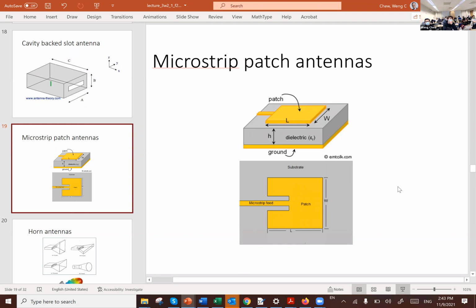So to think simply, think of it as a transmission line that is open at both ends. An open-circuit transmission line at both ends makes a resonator, because the current just goes back and forth between the two ends.